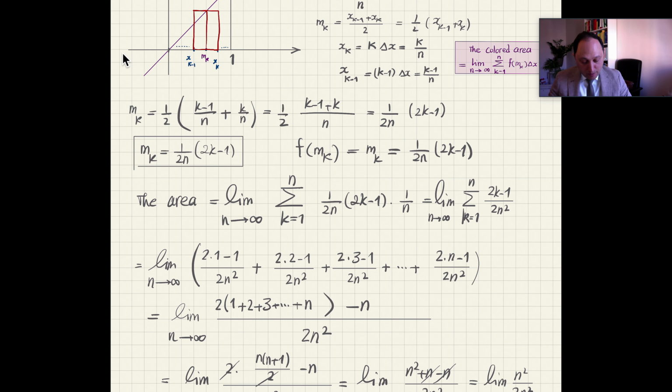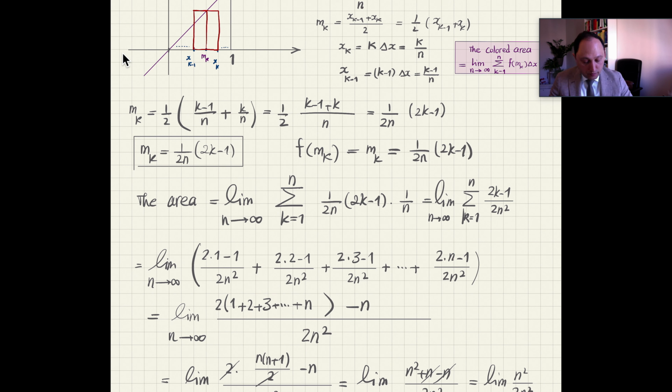This happens because the function was so simple. In the next example, the function is x squared. You will see that you have to calculate such a thing, which we don't know. This is no longer an arithmetic progression. Calculating these sums becomes heavier and heavier and totally impossible for a generic function.